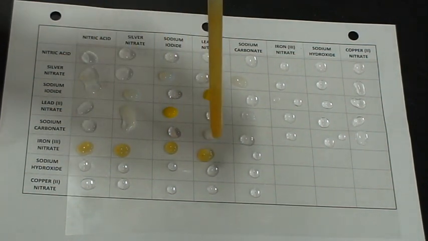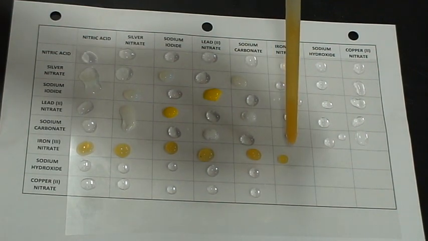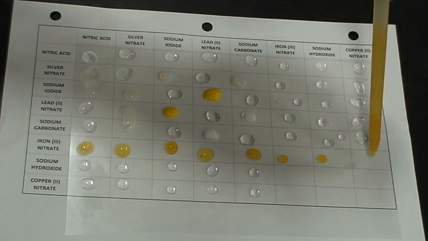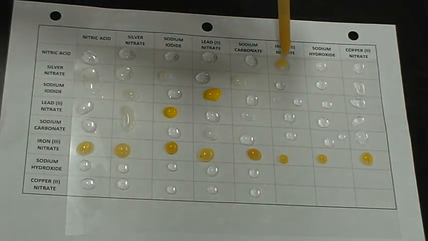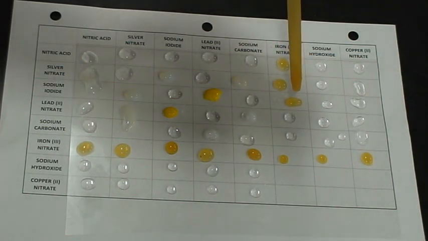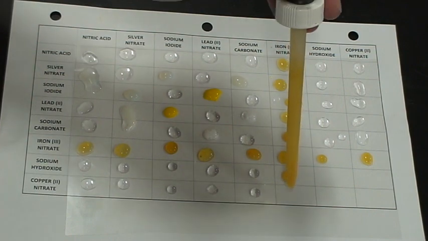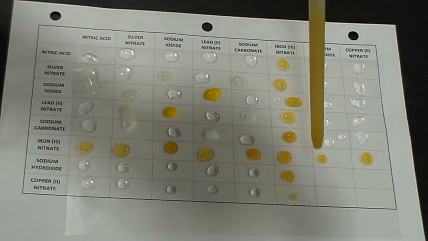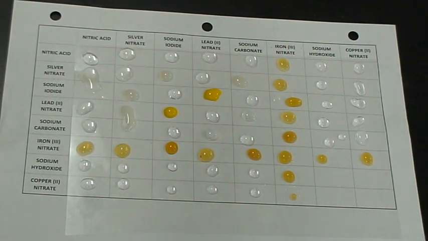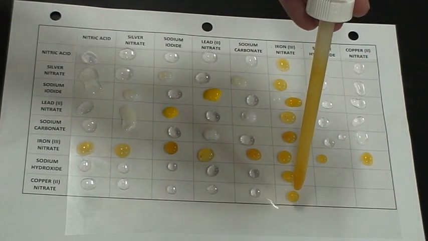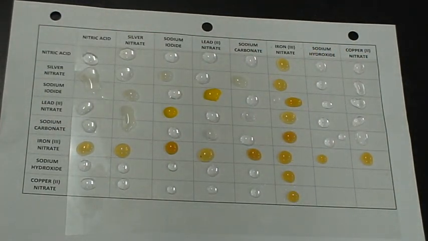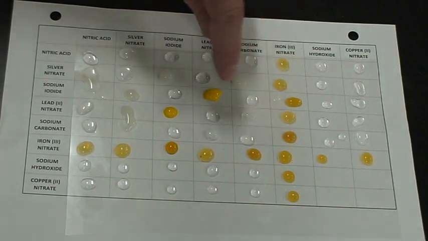Now it is important to note that starting out, my iron nitrate already starts yellow. Just one little tiny bit more on this one. Try to keep the drops about equal size. So I don't want you confusing this yellow with this yellow.